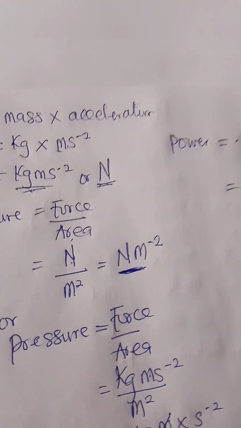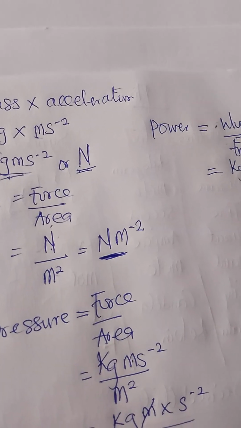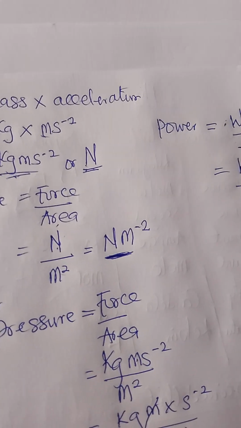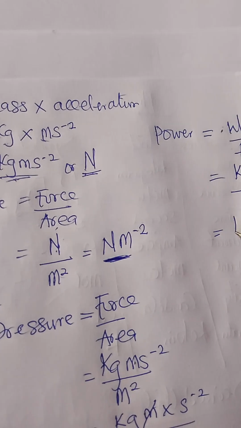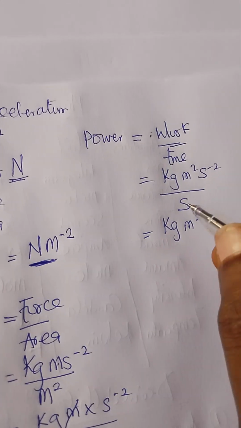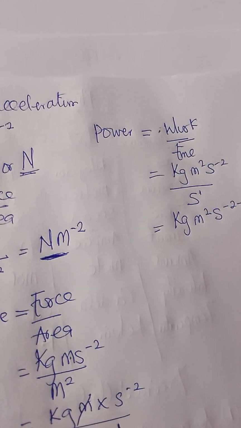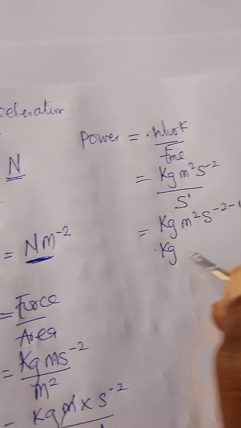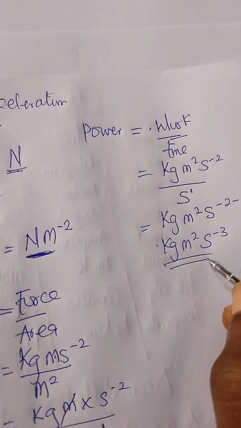So our work, we got it as kilogram meter square per second square divided by second, which will give us kilogram meter square. This is 1, so if you take it up, it becomes second to the power minus 2 minus 1, which will give us kilogram meter square per second cube.